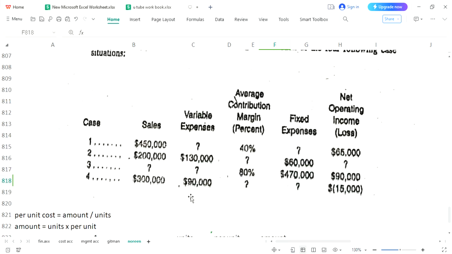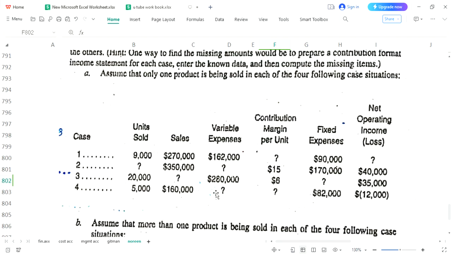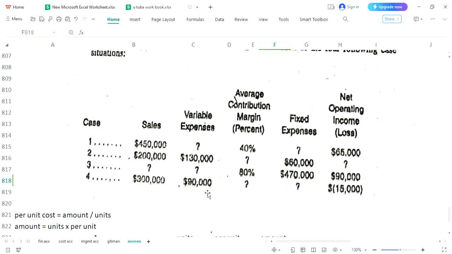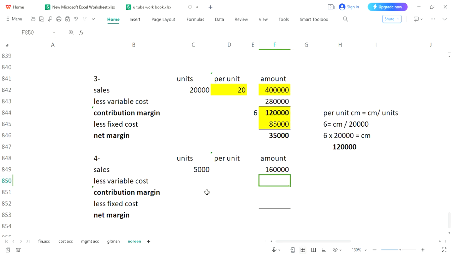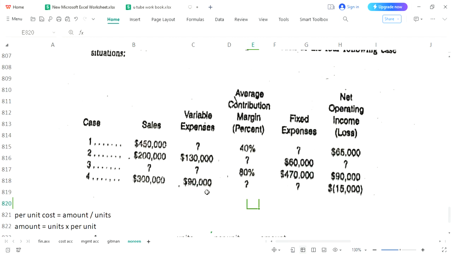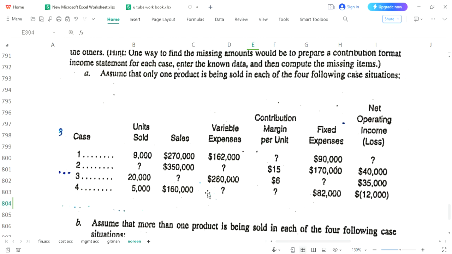Now see what is next. Question mark: variable expenses. And per unit contribution margin also has a question mark. And next, fixed expenses are 82,000.